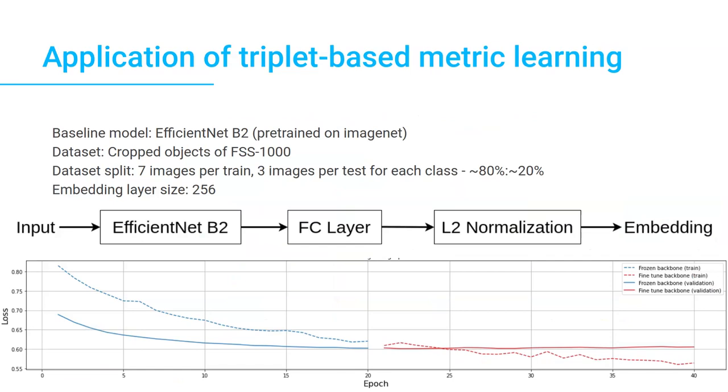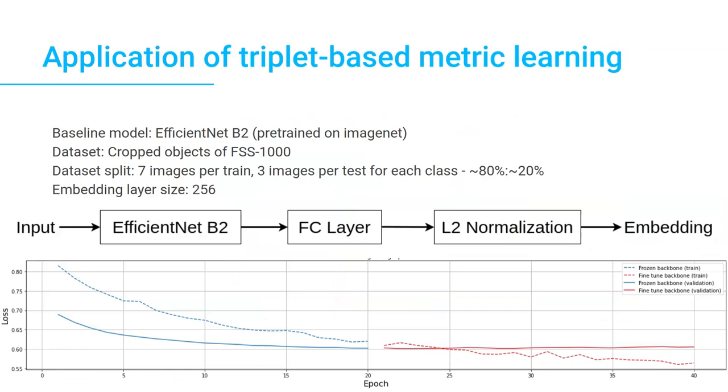And on top of that, we added an L2 normalization layer to keep all the embeddings at the same scale. We split our dataset in such a way as to keep 7 images per class for train and 3 images per class for test. So we came up with a perfectly balanced dataset.